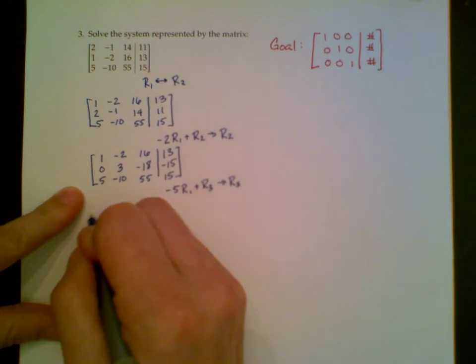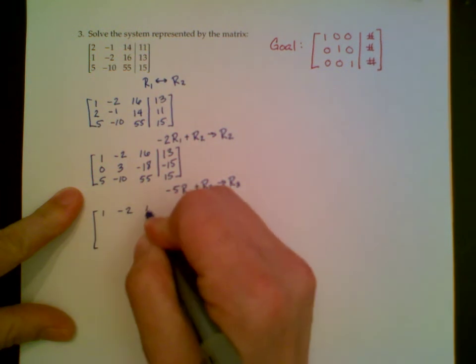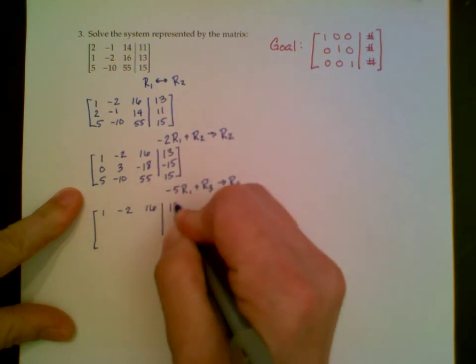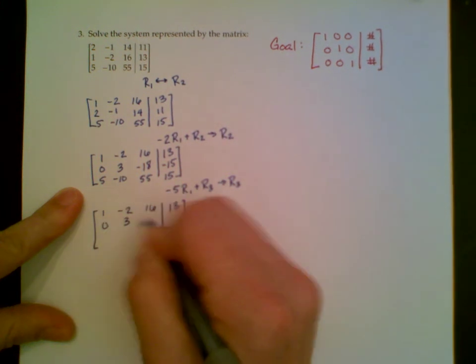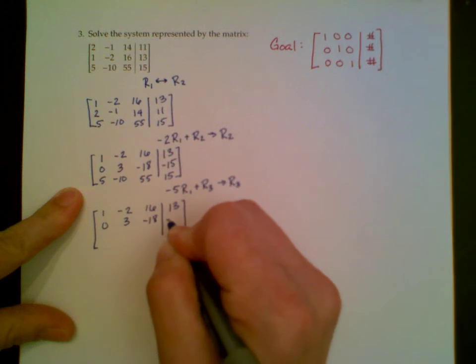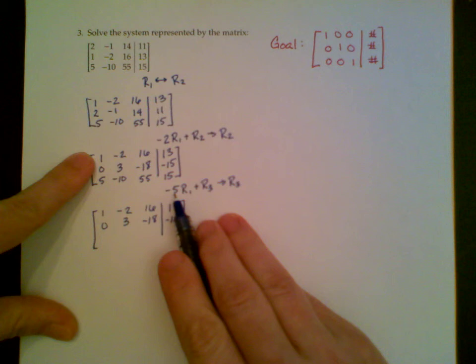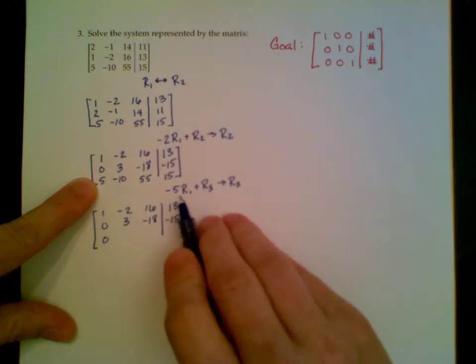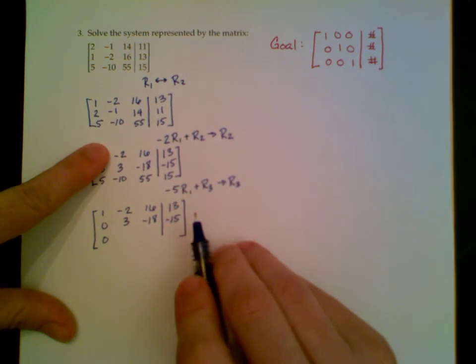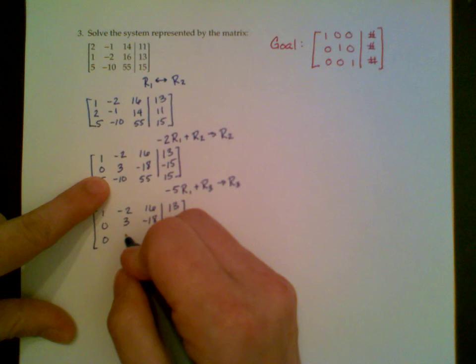So, first I'm going to recopy the first 2 rows. 1, -2, 16, 13. 0, 3, -18, -15. And now, -5 times 1 is -5, plus 5 is 0. -5 times -2 is +10, plus -10 is 0.